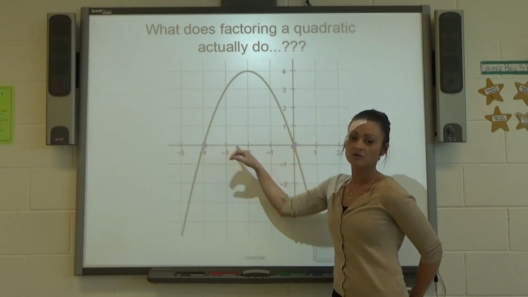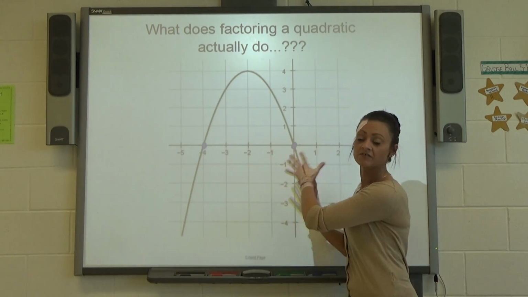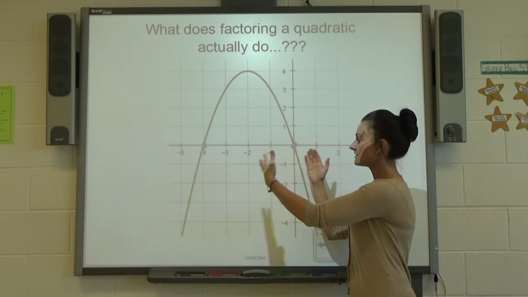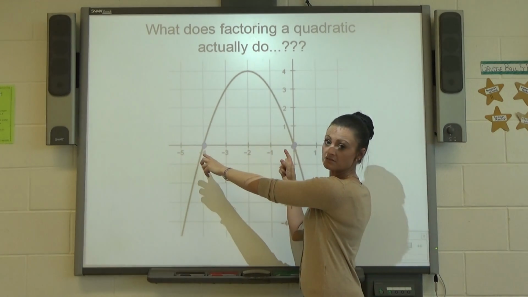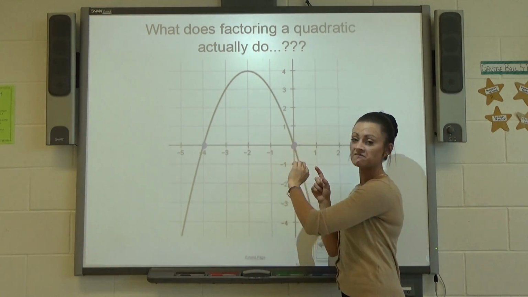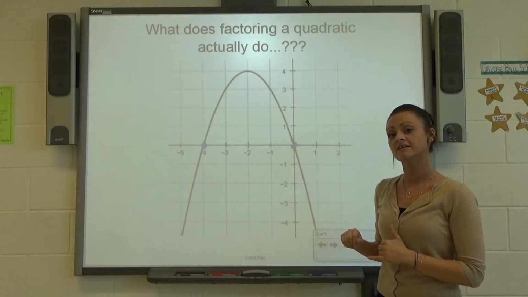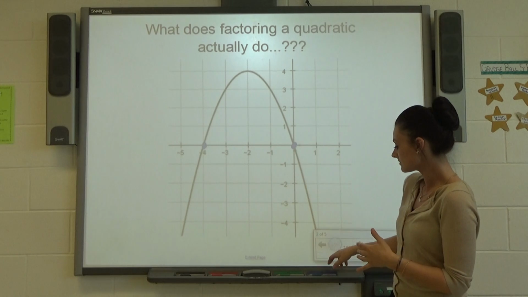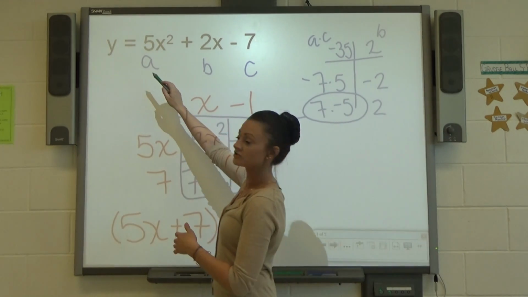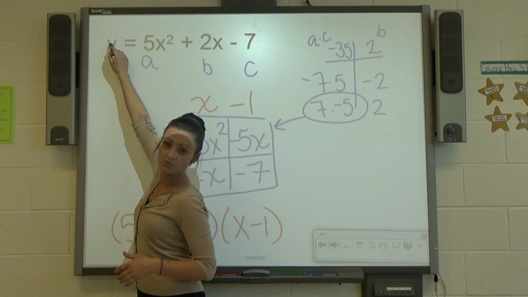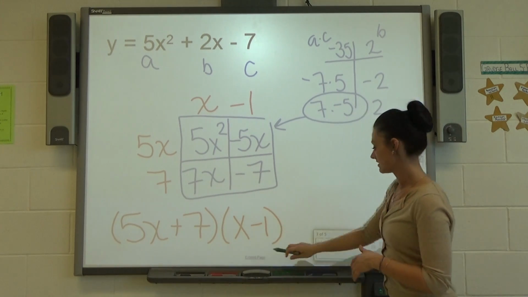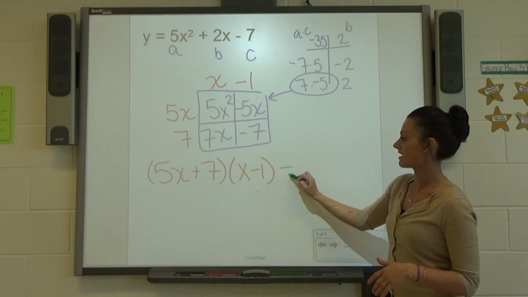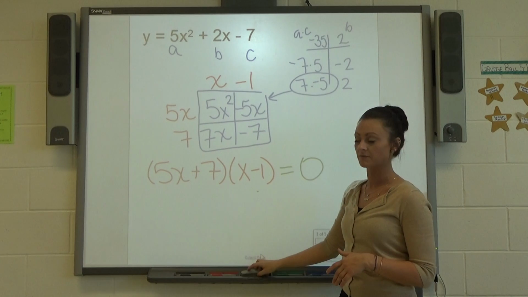This graph is not the graph for the equation I'm talking about, but in this case I have 2 solutions, both of which have a value of y that is 0. That's why we call them a 0. So here I need to show what happens when y ends up being 0. So I'm going to take my equation right now and I'm going to set it equal to 0.